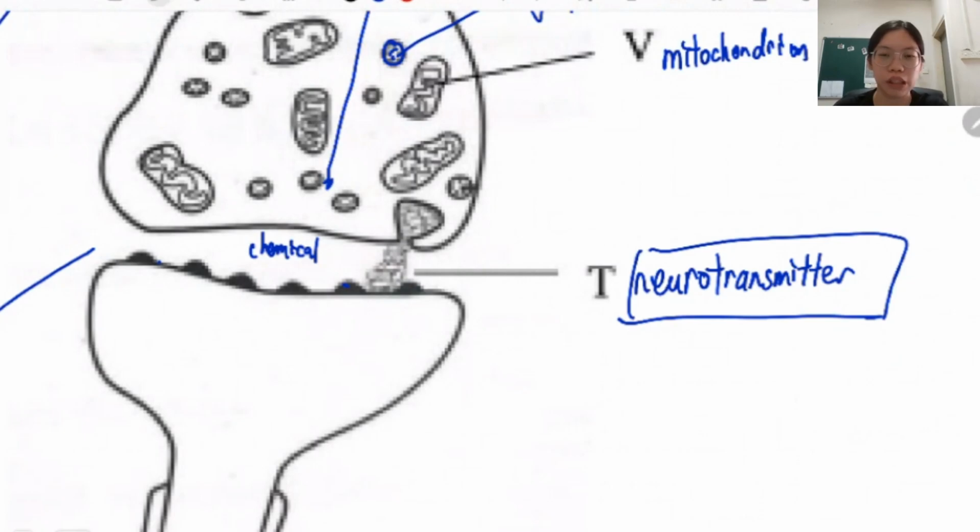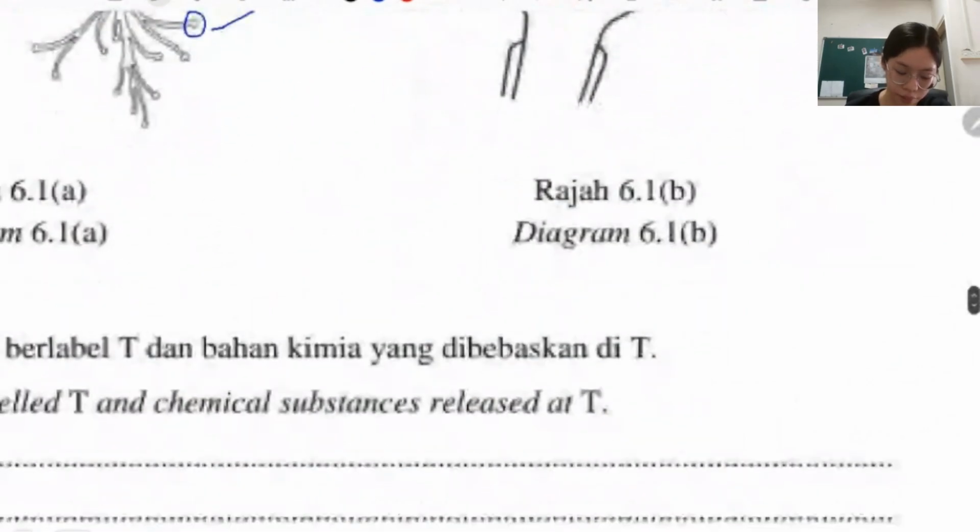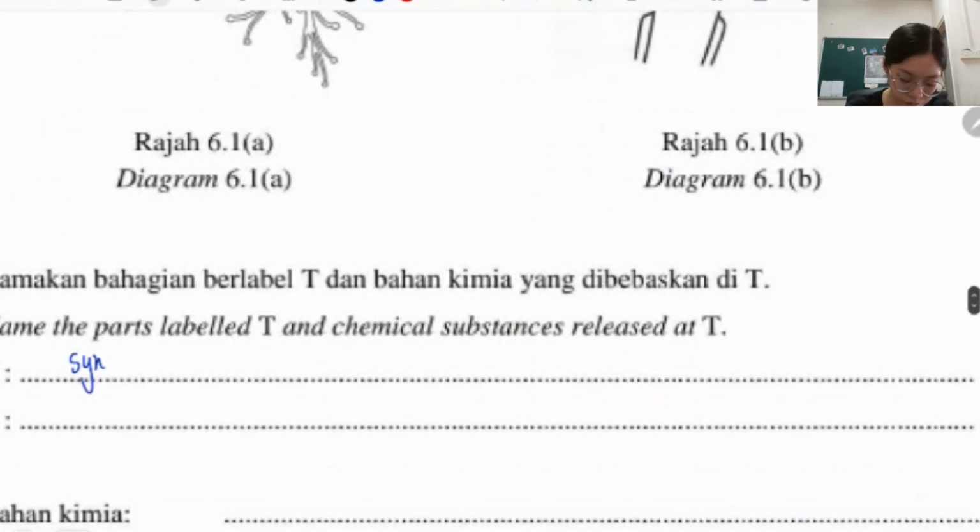They're asking what the part is. So this part is actually called a synapse. So T is actually a synapse. Sorry for that. And then the chemical substance released at T is a neurotransmitter.